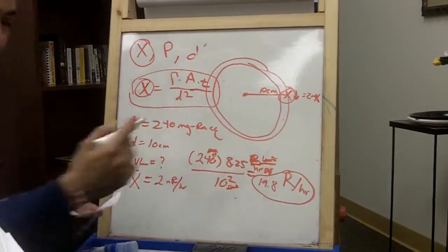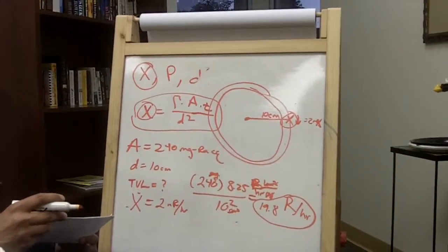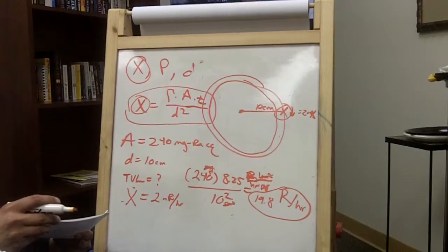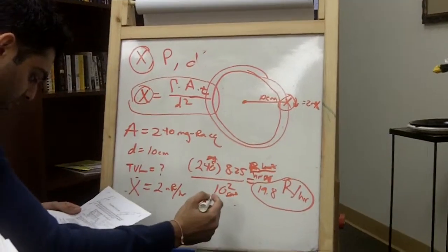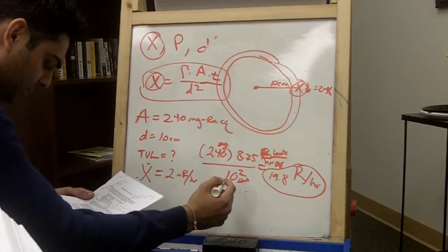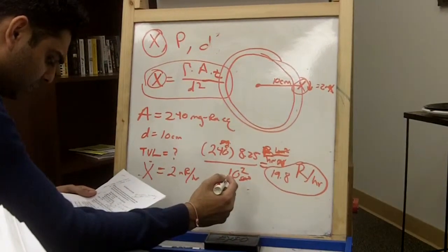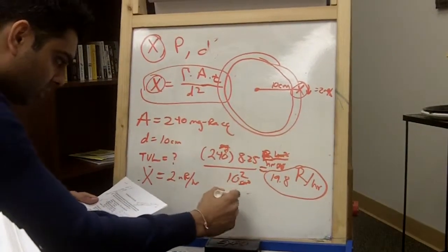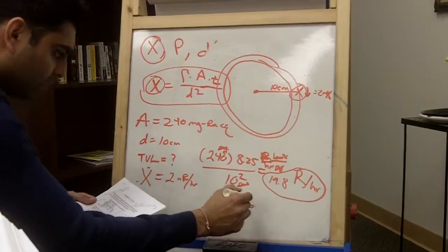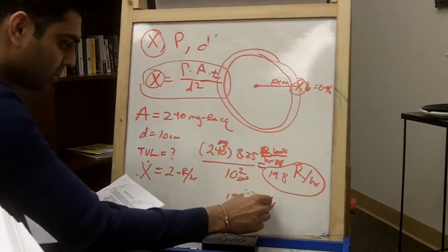So how much more? 1980? You're doing these conversions very quickly, good job. But I think we missed one. It would be 1,000, right? So wouldn't it be 19,800 milliroentgens per hour?